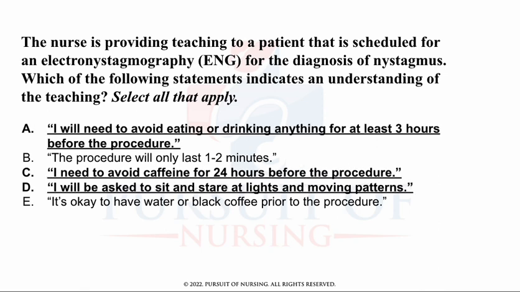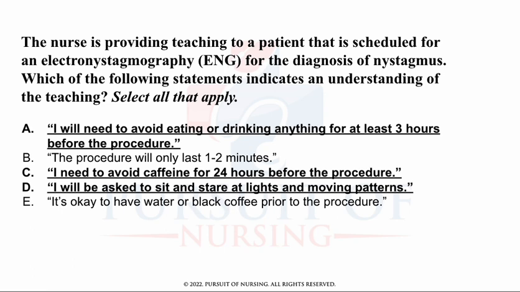All right, so an ENG is performed to distinguish between a normal nystagmus and then medication-induced nystagmus, or even nystagmus caused by physical abnormality. So the patient should always be instructed to remain NPO or nothing by mouth for 3 hours prior to the procedure, and then you want to instruct the patient to avoid caffeine for 24 to 48 hours before the test.